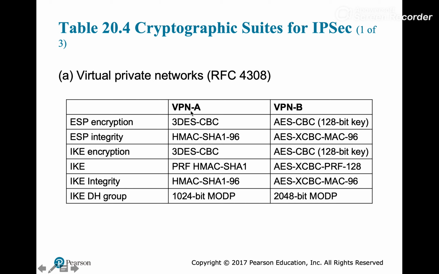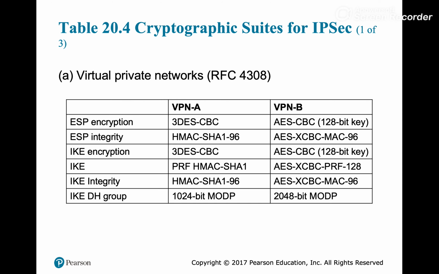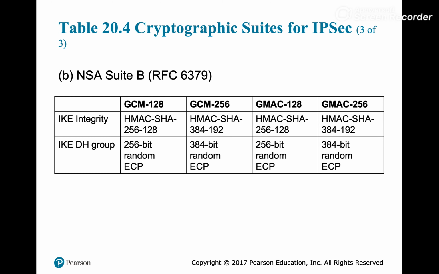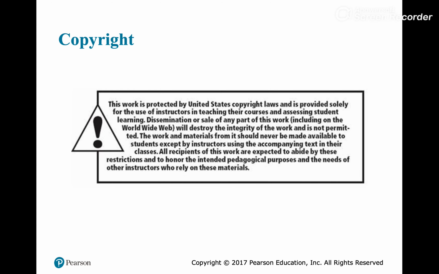If you are using VPN A and VPN B, you can use this RFC for creating a virtual private network. There are two types, A and B, for different cryptographic algorithms that are supported for encryption, integrity, and so on. These are given here. Okay, this is the NSA suite, and this is VPN, and that's all. Chapter finished.